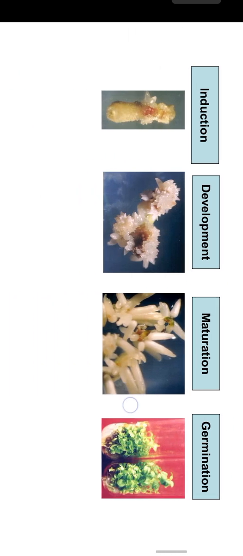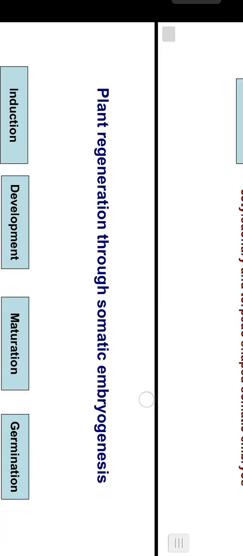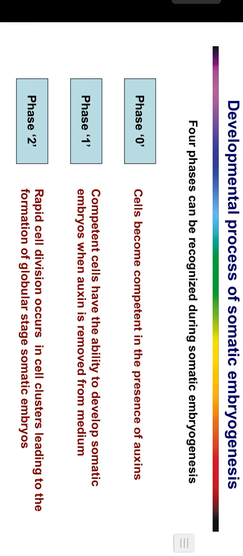Now let's look at this. What we'll do is first add auxin. The cells become competent, then remove auxin from the medium. Maybe we can remove the auxin we were adding to the liquid medium and let the plant establish itself.